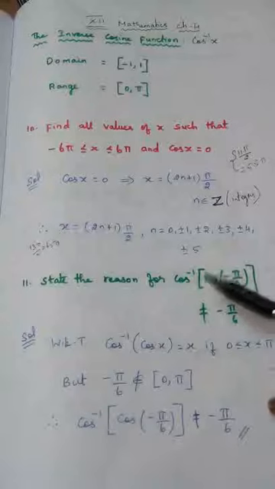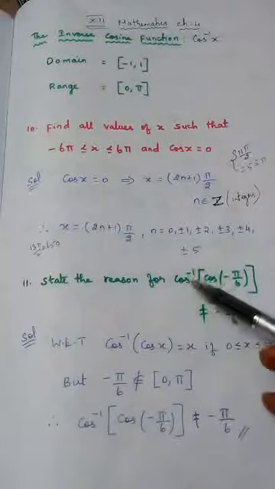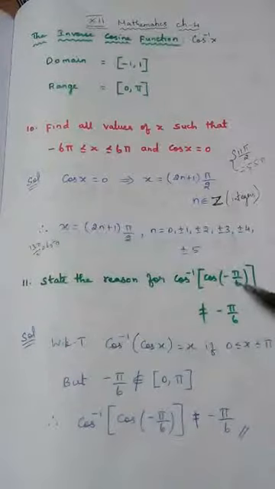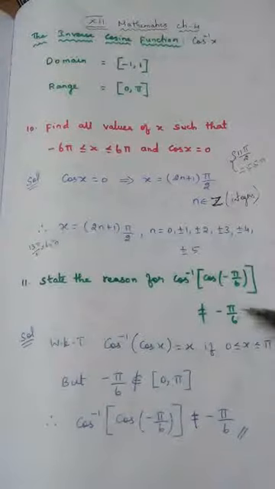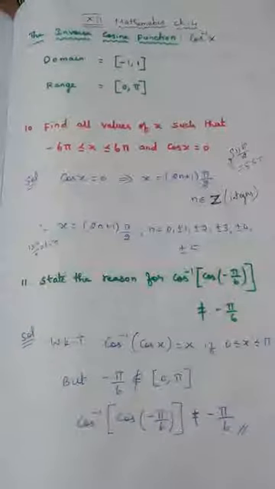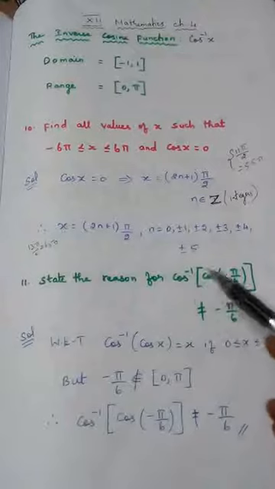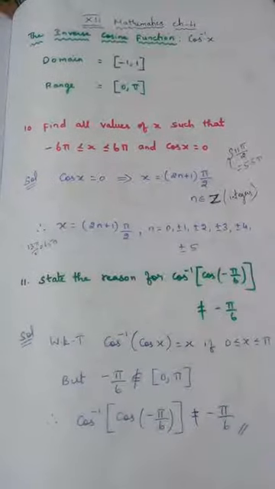Many students will say, sir, cos inverse and cos will get cancelled, so minus pi by 6 will come, so they are equal. But in this question, what they are asking is, we have to show that these two are not equal, with reason.